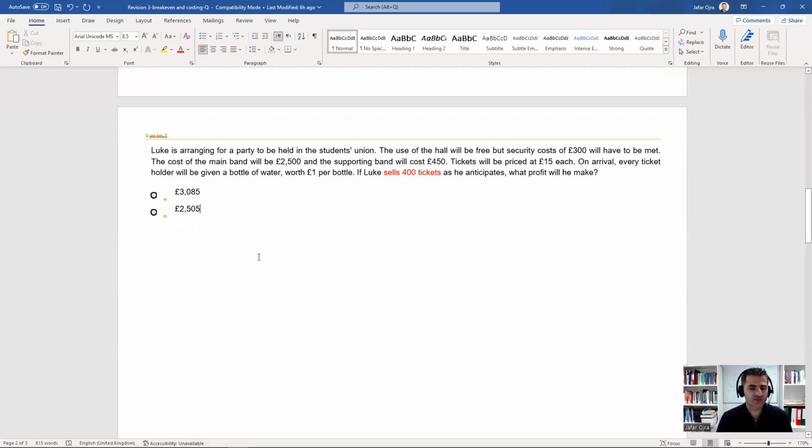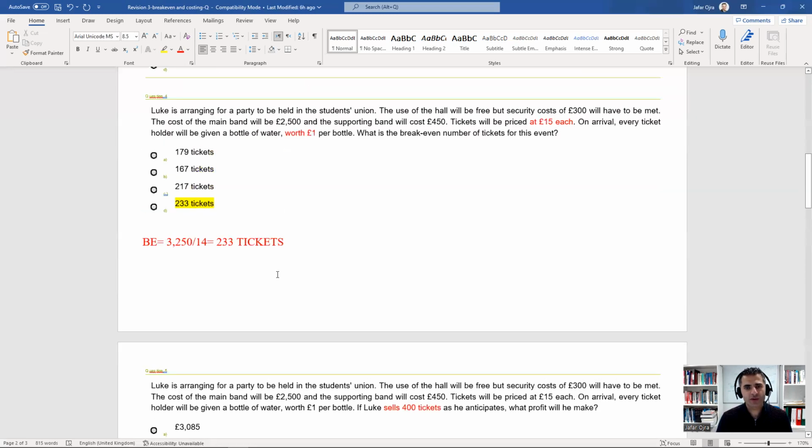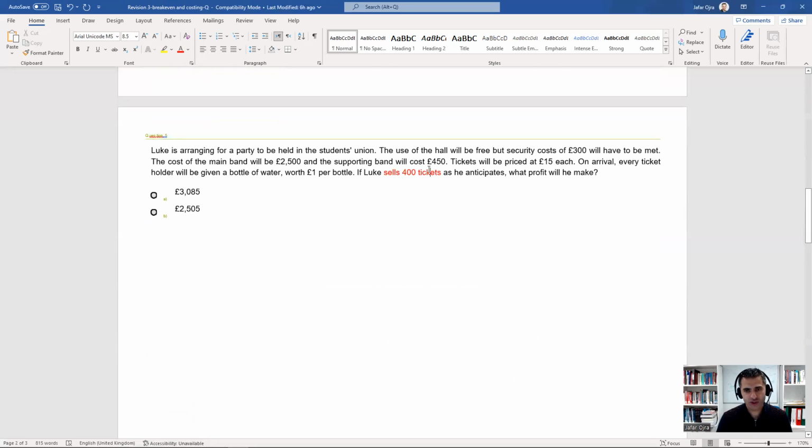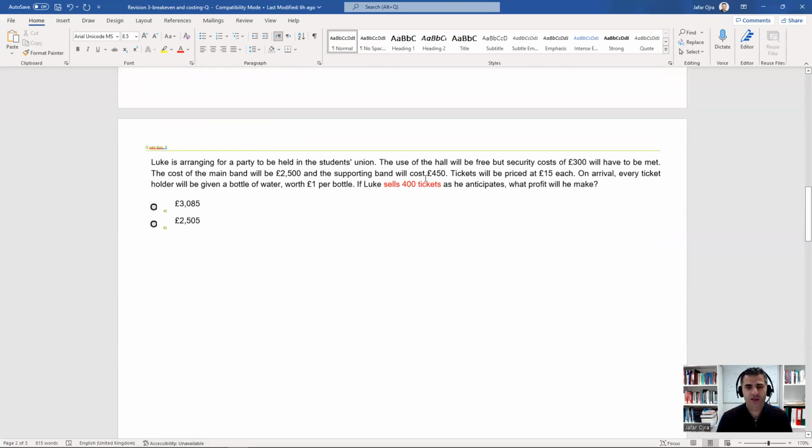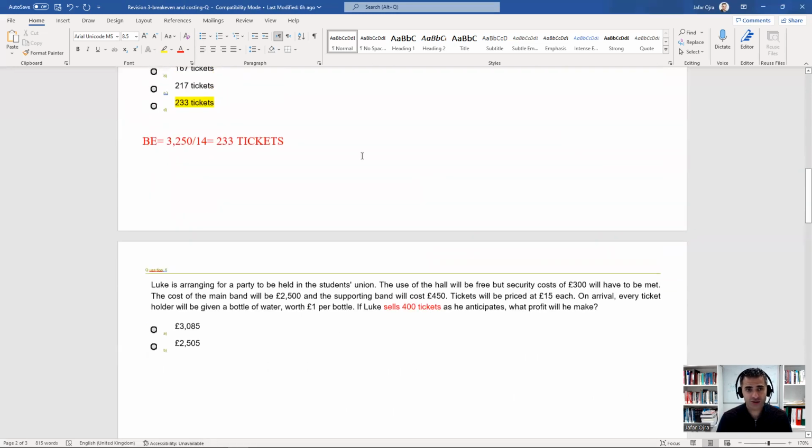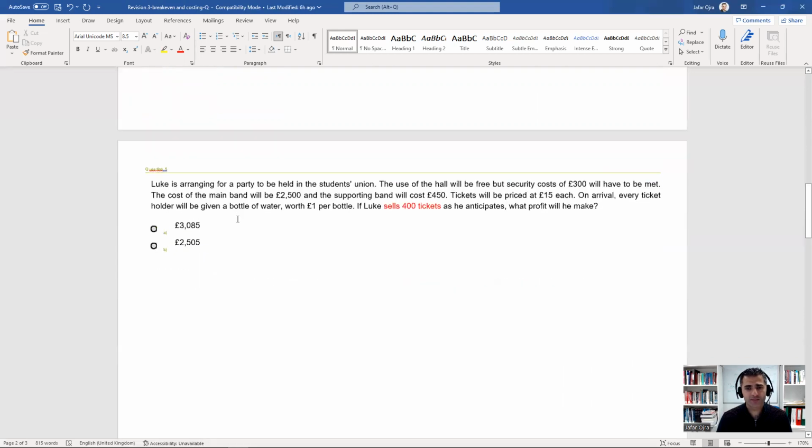The break-even point in units is 233 tickets. The margin of safety is the difference between the break-even point in units and the budgeted sales, which is 400 tickets. So the difference between 400 and 233 is 167.